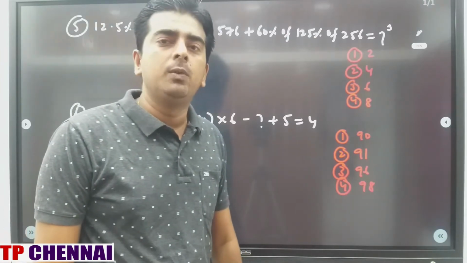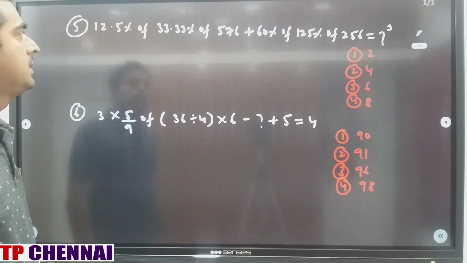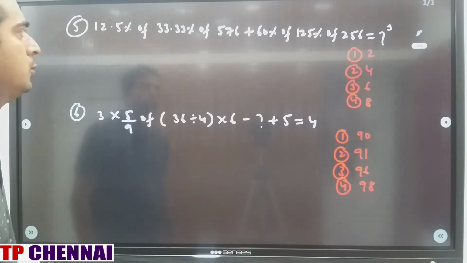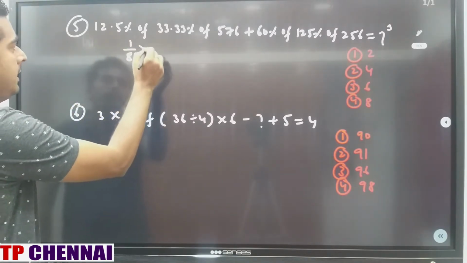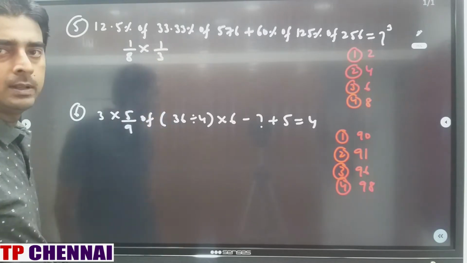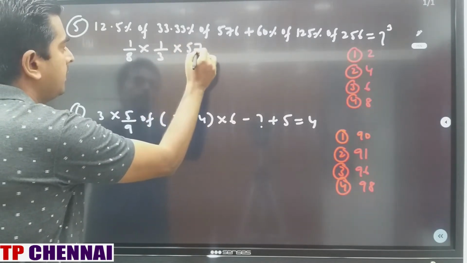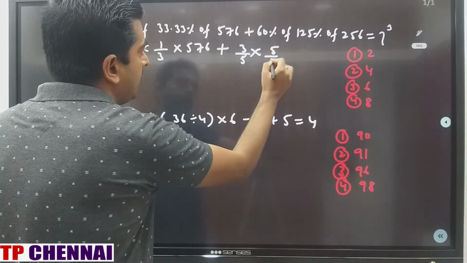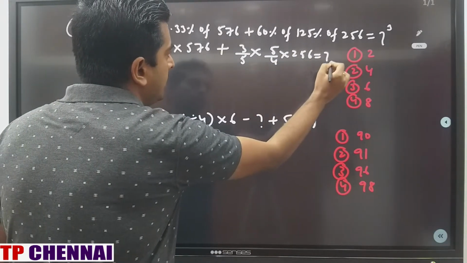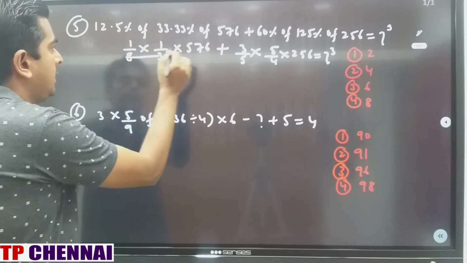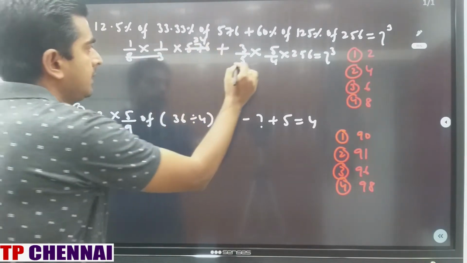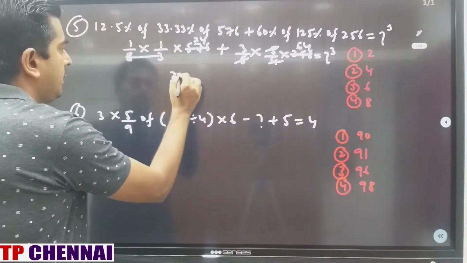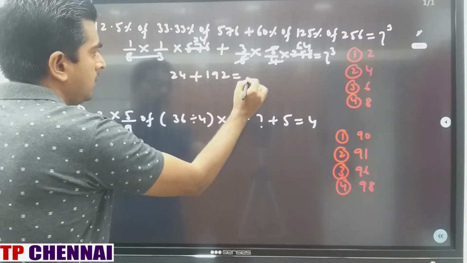So I hope you are clear with fourth one. Now we will see fifth one. 12.5% of 33.33% of 576 plus 60% of 125% of 256 is equal to question mark cube. 12.5%, what is fraction value? 1 by 8 of 1 by 3, because 33.33% is 1 by 3 of 576 plus 60% is 3 by 5 fraction value. 125% is 5 by 4 into 256 is equal to question mark cube. 24 times, because 24 square is 576, 5 and 5 is cancelled, and 4 6 are 24, 4s are, so this is 24 plus 192 is equal to question mark cube.